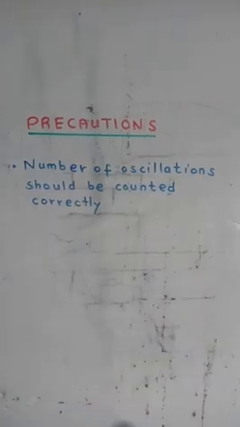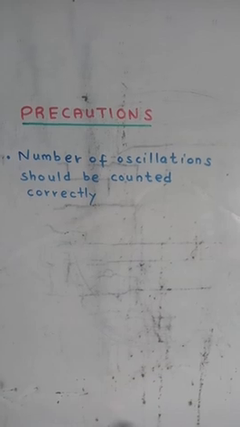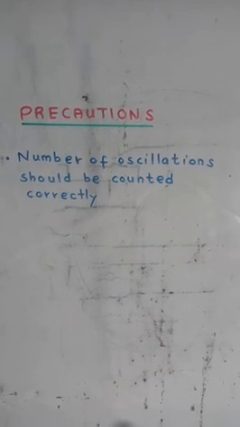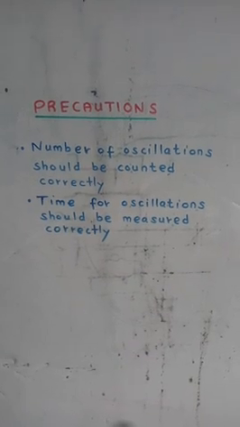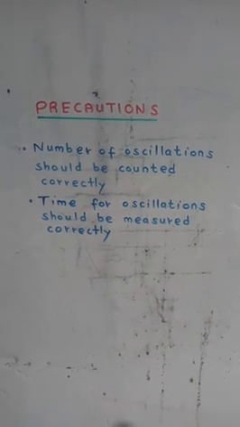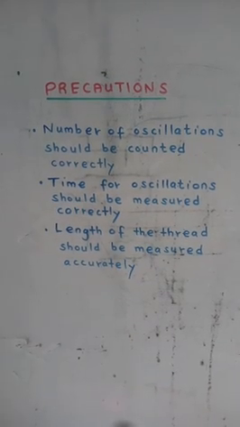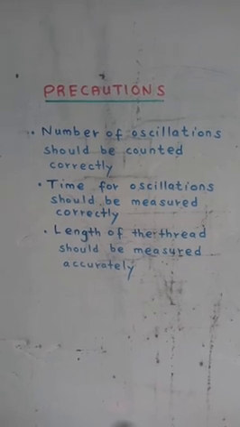Precautions: the number of oscillations should be counted correctly, time for oscillations should be measured correctly, and the length of the thread should be measured accurately.